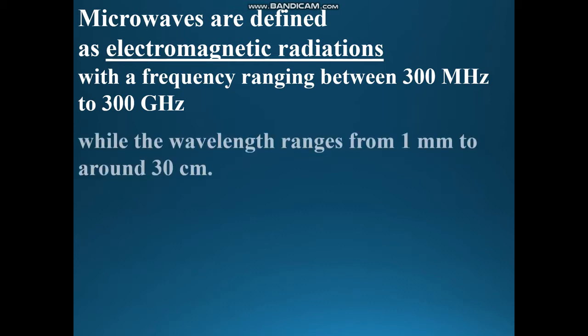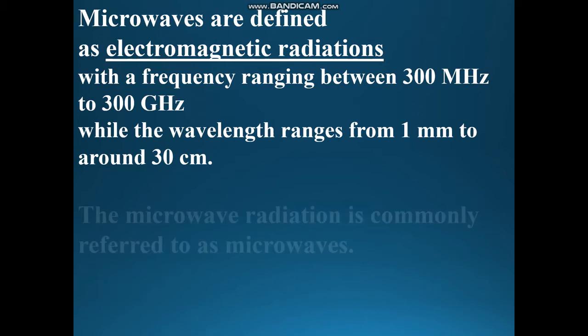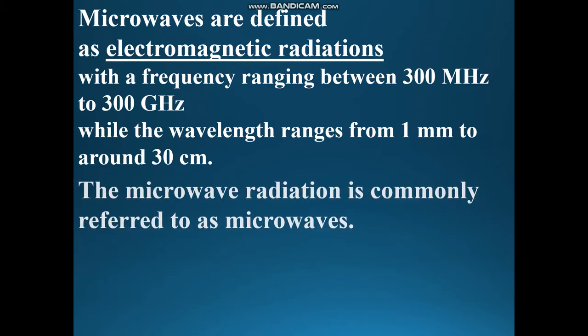Microwaves are defined as electromagnetic radiations with a frequency ranging from 300 megahertz to 300 gigahertz, while the wavelength ranges from 1 millimeter to around 30 centimeter.